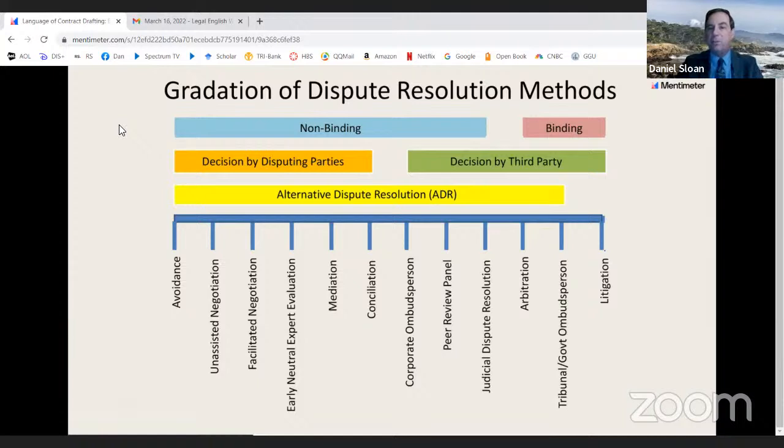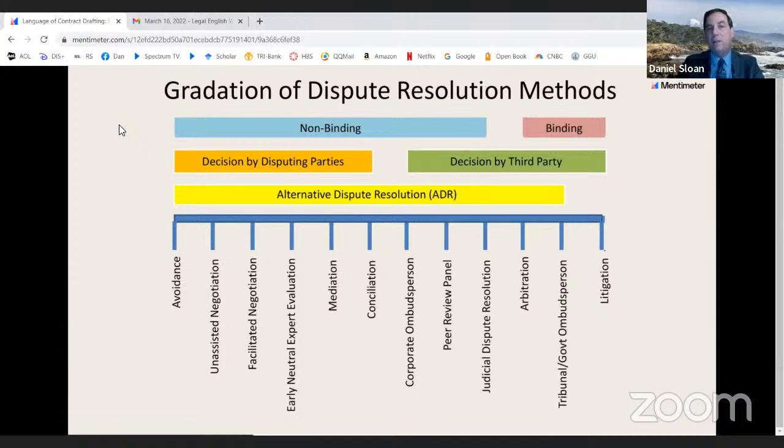Those are the ones that are resolved in a manner in which the parties are bound: decision by disputing parties in the lower end on the left, and decision by a third party, or a neutral, or a judge on the other side, or arbitral tribunal. And then we have alternative dispute resolution there, finally in the yellow. It's a great way to take a look at all of the various methods that I mentioned earlier.